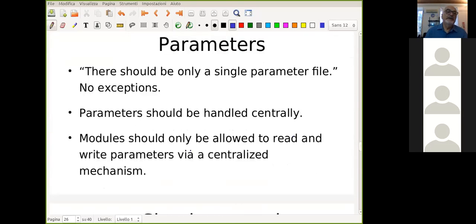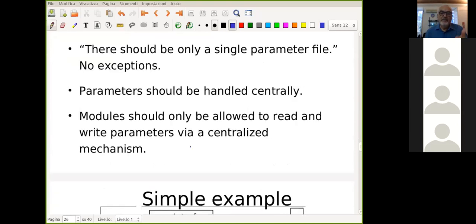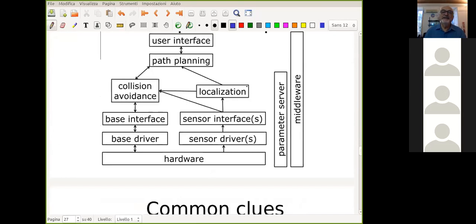Another point is parameters. I have a slide also here. The idea is that parameters are so many because they are related not only to the global environment, but also to each module.